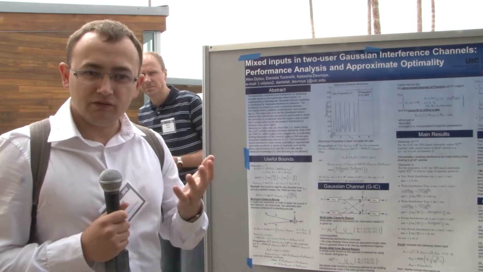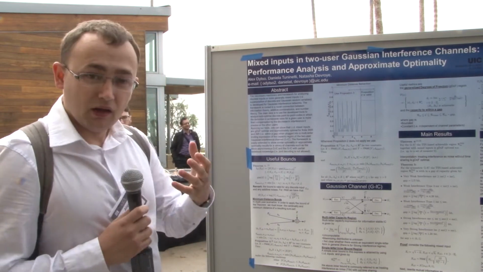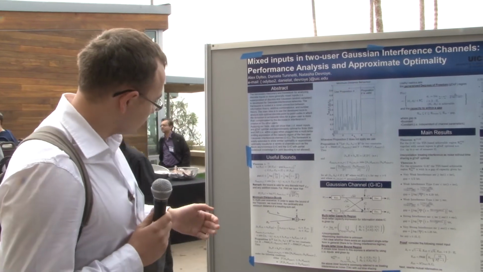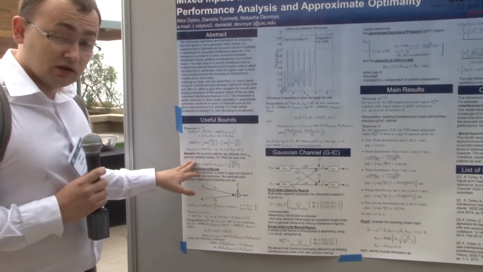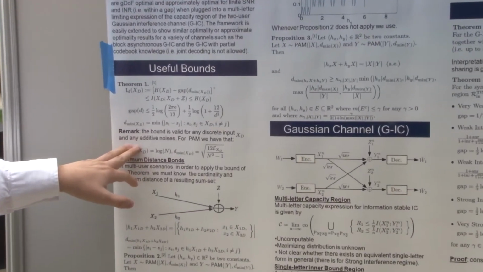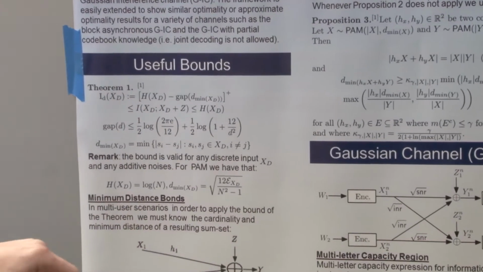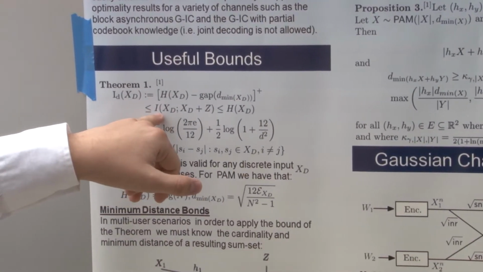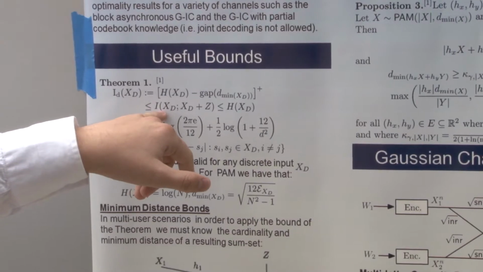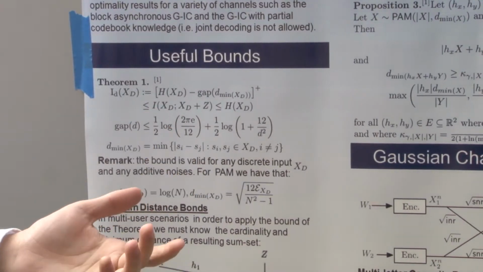Let me give you some useful bounds that we will use in this work. One of them is the generalization of the Ozarow-Wyner bound. This is a lower bound on the rate of a point-to-point channel when we use discrete inputs.